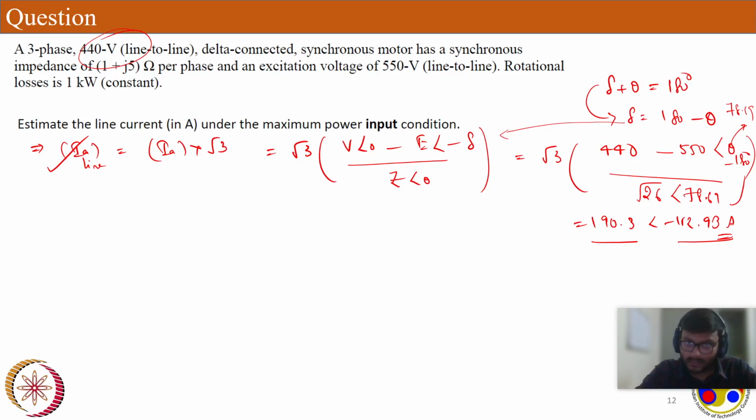Root 3 times phase current, minus V, total, divided by Z at an angle of theta.